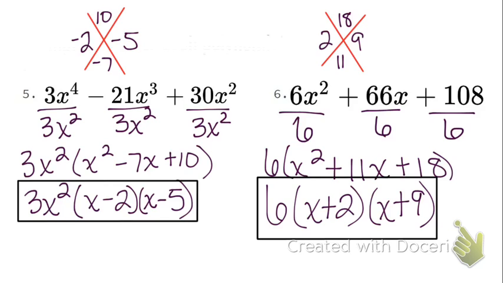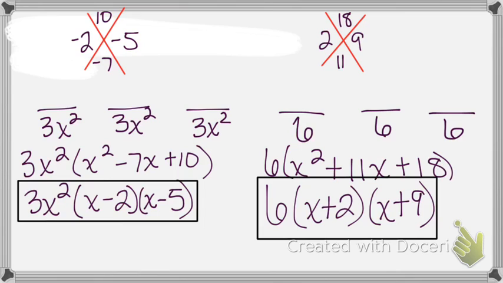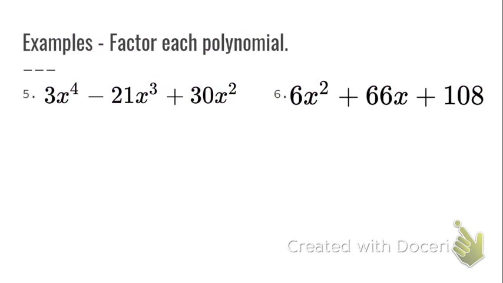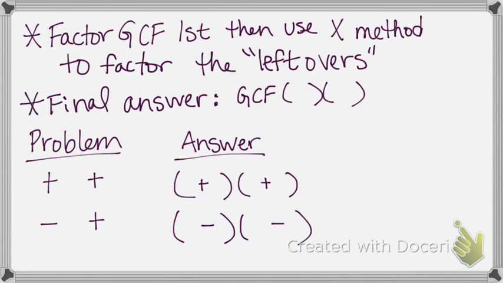All right, so on the next slide, I'm just going to recap a little bit here with some bullet points. All right, so here are a few important notes just to recap. Factor out the GCF first, then use the X method to factor just the leftovers.